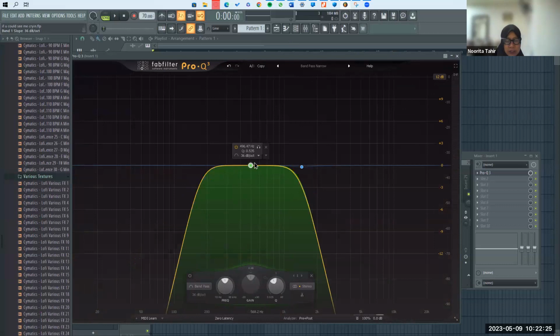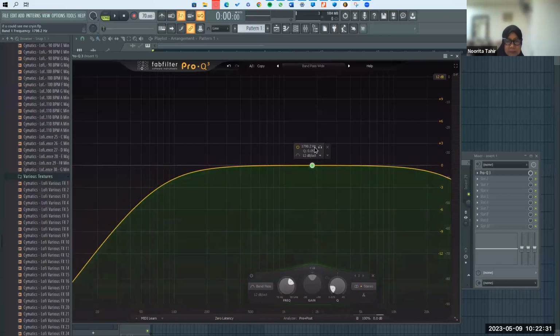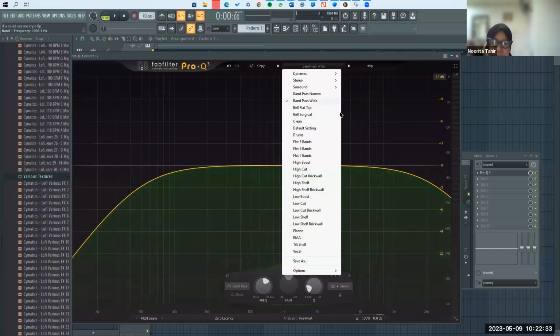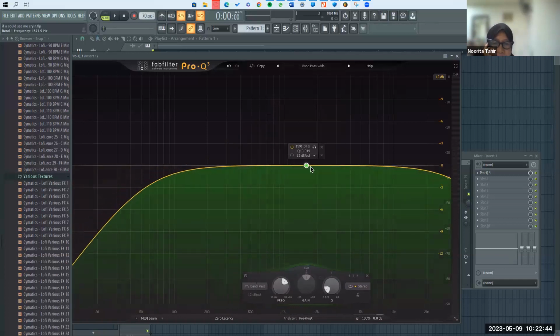Yeah, no, that is not a band pass already. Okay. I think you should go for band pass wide. Try band pass wide.